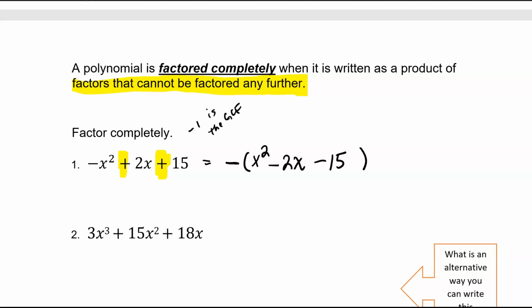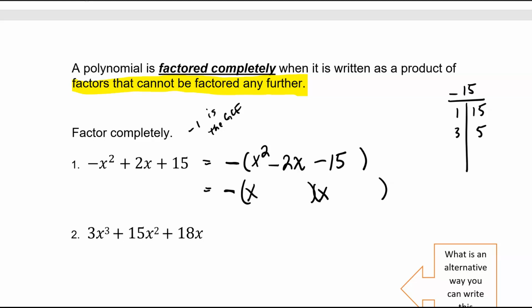Next, what we're going to do is factor what's on the inside of the parentheses. So we have a negative on the outside. We know it's going to be x and x, but we want to find factors of negative 15 that add to negative 2. So we have 1 and 15, we have 3 and 5. What would work?